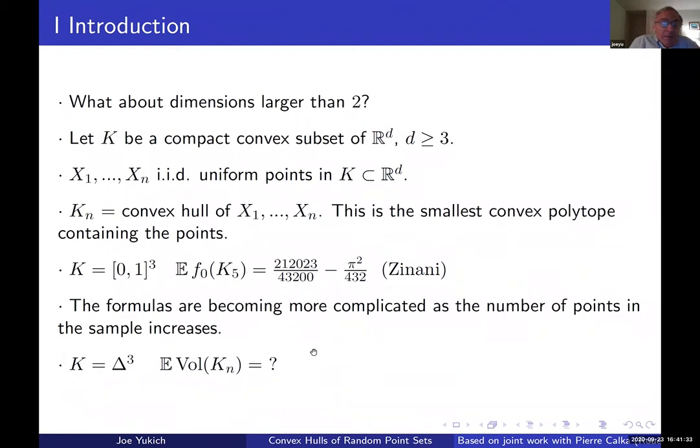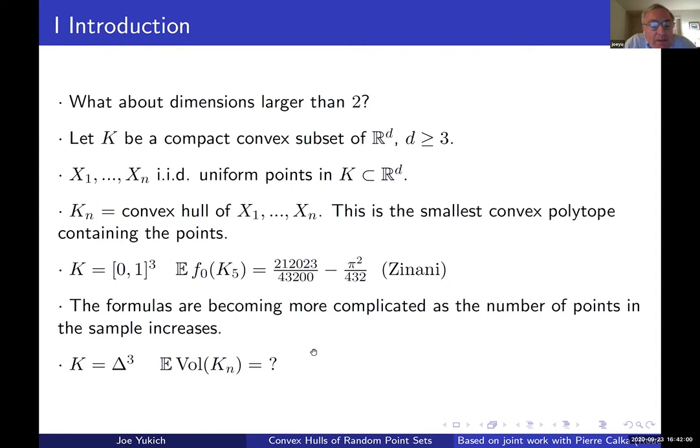It's pretty clear that these formulas are becoming more complicated as the number of points in the sample increases and as the dimension increases. As one last example, let's consider a tetrahedron, and let's look at the convex hull of an n-point set where the points are put down uniformly at random in the tetrahedron.